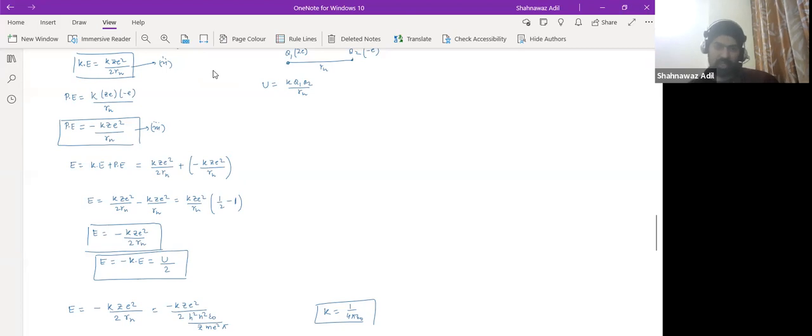Yes, this result is important. So we don't need to calculate this whole thing again. If we just know the total energy, then we can directly calculate the potential energy and kinetic energy. Whenever you guys want me to scroll down, please tell.